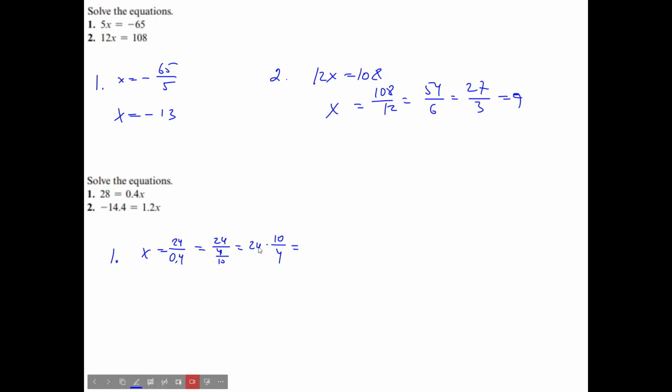No, no, no, no. 12, 6, right? Good. 24 divided by 0.4 is 60. Good. The second one, x is negative 14.4 over 1.2. Well, I would take a calculator here. It's 12.